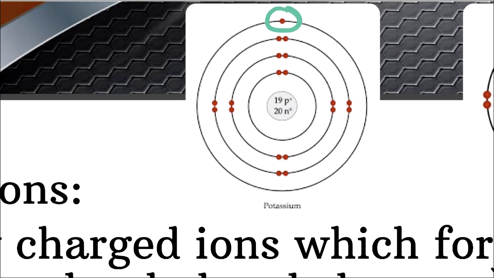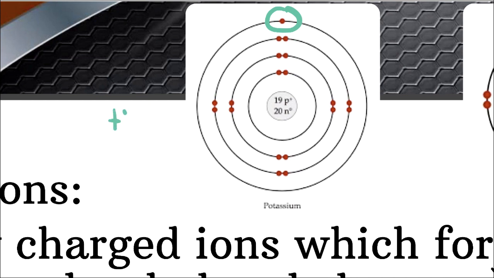All right, you can't hold raw potassium without it wanting to react with the moisture in your hand. Okay, so raw potassium, oftentimes it has to be stored in oil because oil and water don't mix. All right, so this potassium right here, what does it want to do? It wants to get rid of a negative charge. It wants to get rid of an electron.